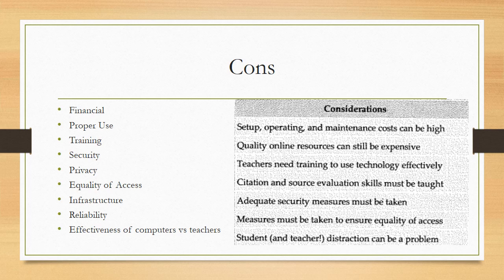And also, there's a debate between the effectiveness of computers versus teachers. Some people feel that the switch from teacher-based learning to computer-based learning will be bad for students, as some students will not be able to learn as effectively as when there's teachers that can help you one-on-one.